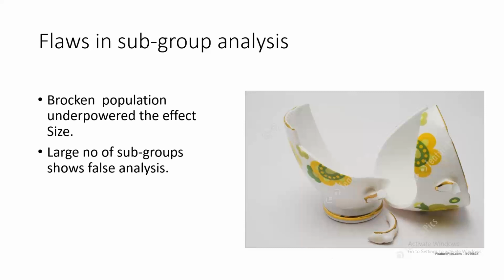But if you want all 31 studies to go, and then you put a moderator and all 31 studies be studied together, then you have to go for meta regression. So the only flaw in subgroup is that the data gets broken. Some say, I'm not saying everybody says, but I have read it in literature, that this broken population, 31 studies divided into 21 and 10, is the major problem of subgroup analysis.